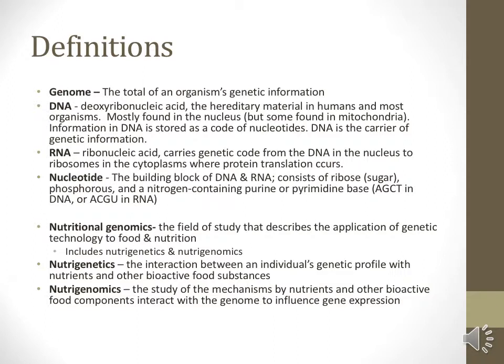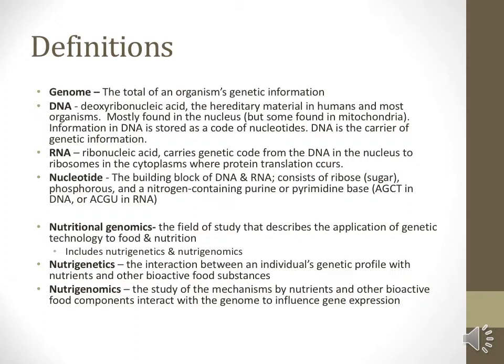So the nucleotides are the building blocks of both DNA and RNA. Both DNA and RNA have a ribose phosphorus backbone. DNA has two backbones, and that's how those two backbones together form that double helix. RNA just has one, and both DNA and RNA have nitrogen-containing purine or pyrimidine bases.